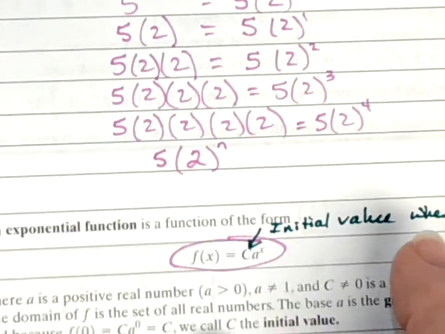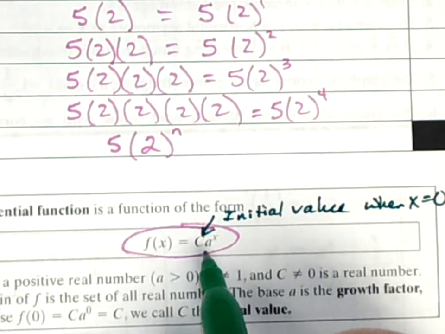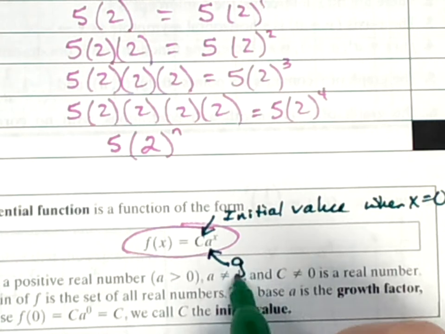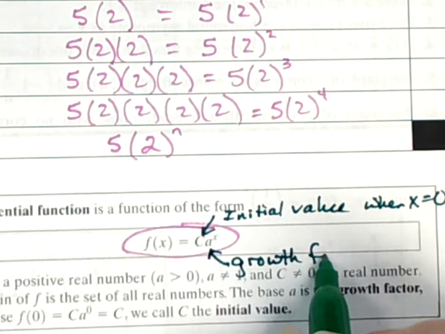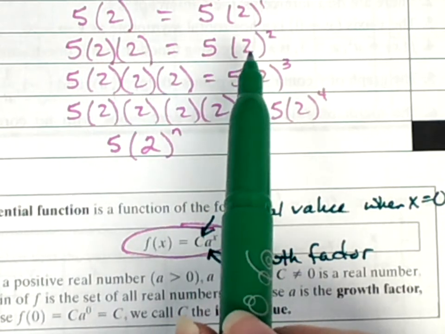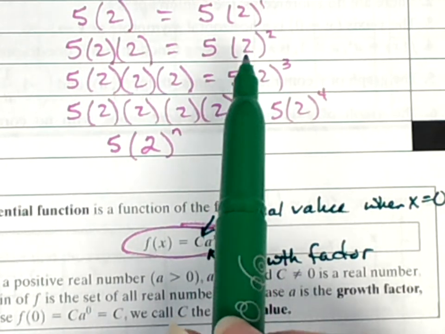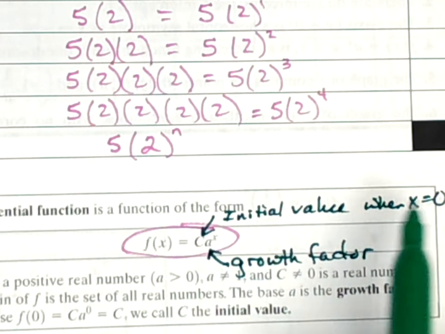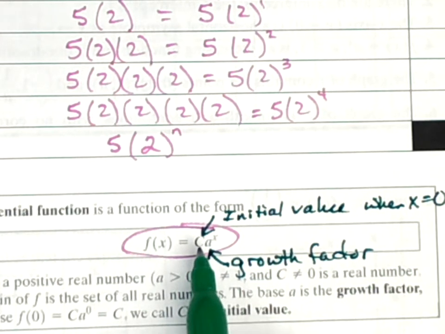Whatever that number is, that's going to be our initial value when x equals 0. The A right here is our growth factor. And if you looked at our original problem, what was the growth factor? Well, it was doubling. So it was growing at a rate of times 2. So our initial value when x is 0 is the C right there in the front of the equation. And the growth value, the growth factor, is A.